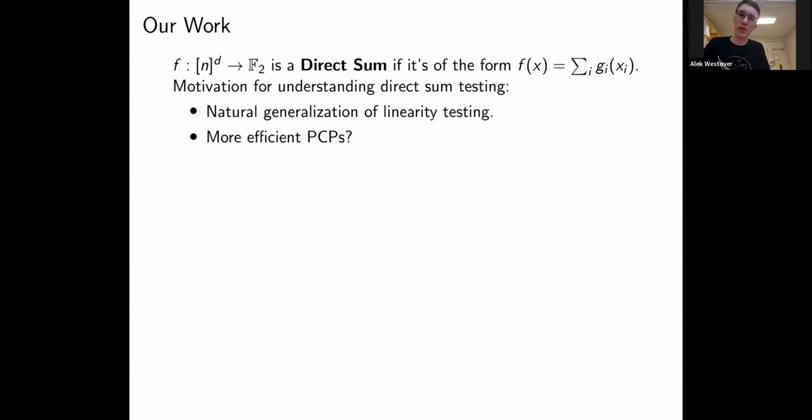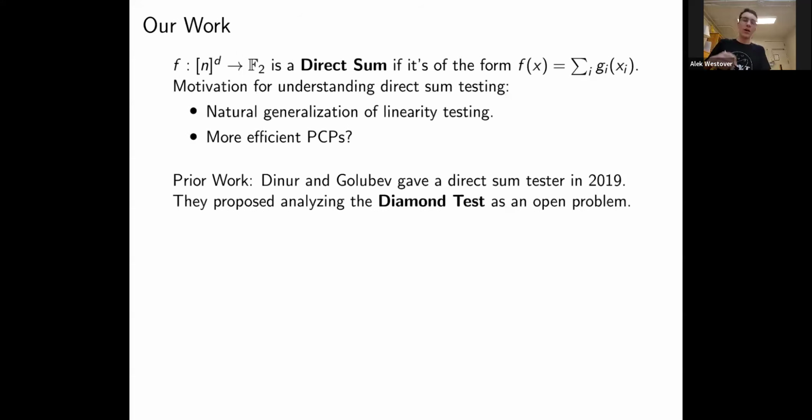So there's several reasons you might want to study direct sum testing. It's a natural generalization of linearity testing to the grid. And there's also some connections to PCPs and direct product testing, which makes this a pretty natural object of study. And this has been studied before.